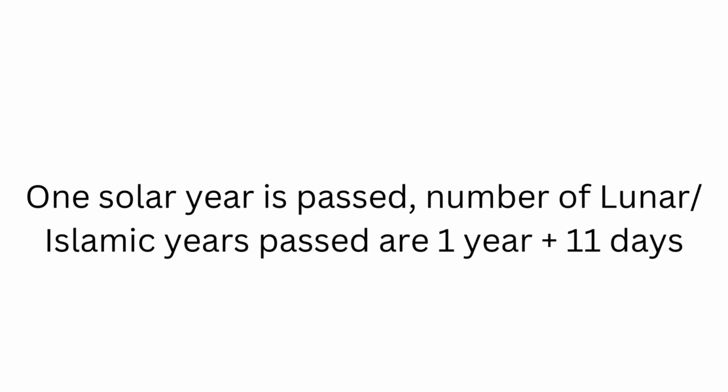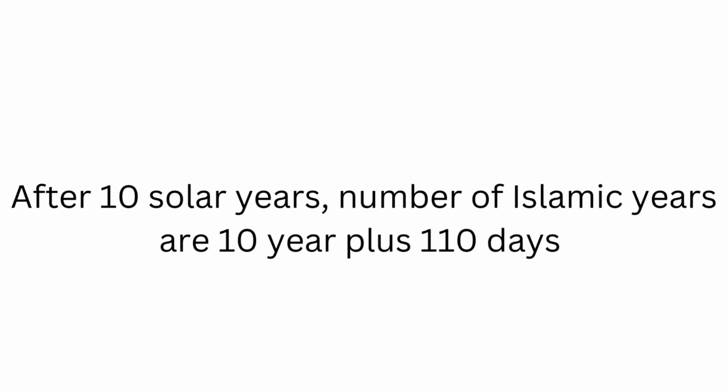When one solar year is passed, Islamic years passed are 1 year plus 11 days, as its number of days are 354 instead of 365. After passing 10 solar years, lunar or Islamic years passed will be 10 Islamic years plus 110 days.